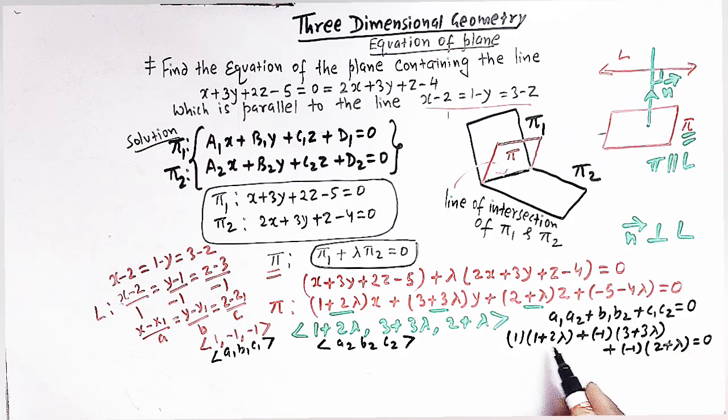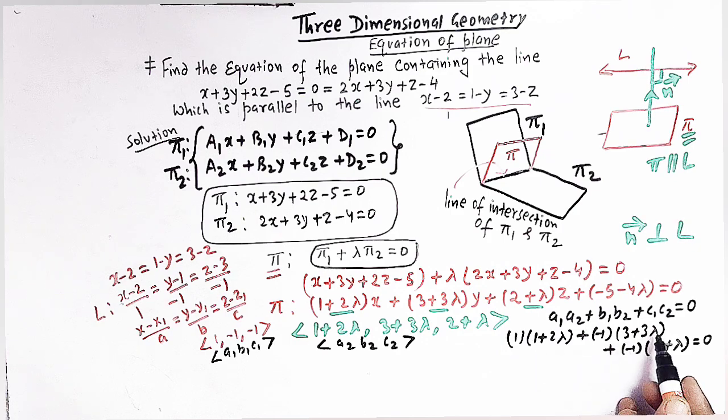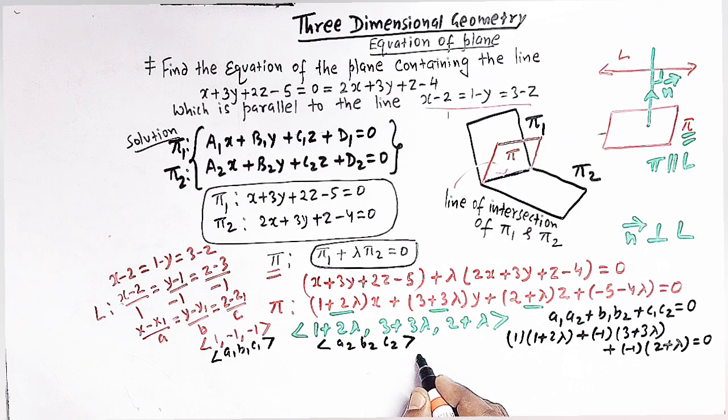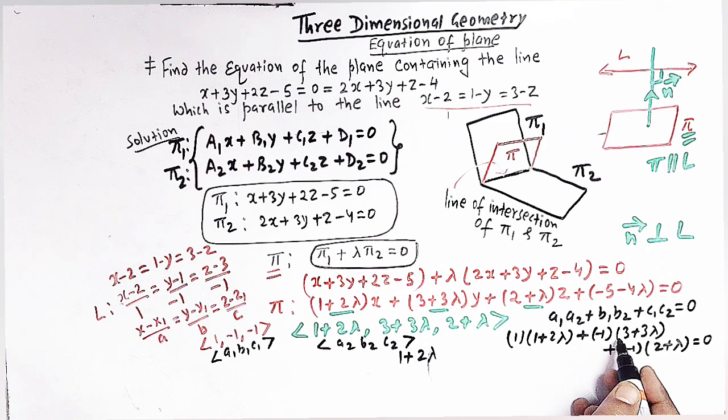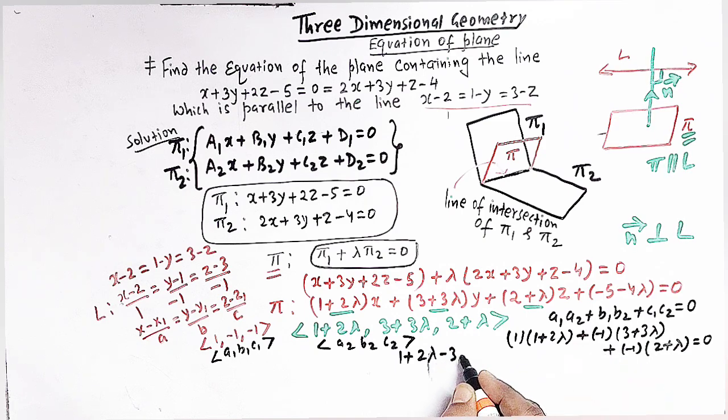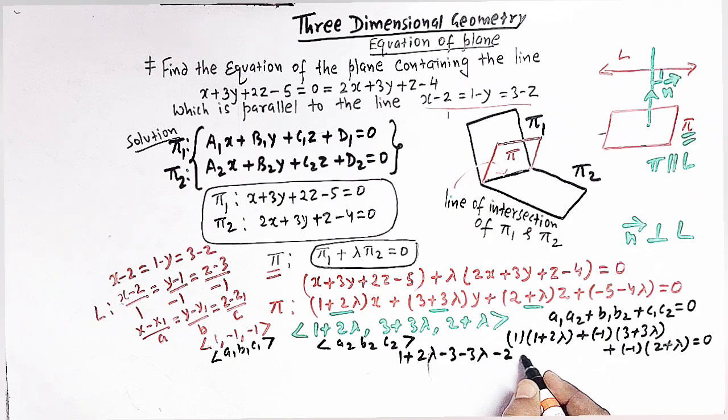So now we have a linear equation in lambda. So let us solve this equation for lambda. So we have 1 plus 2 lambda, then we have minus 3 minus 3 lambda, and here we have minus 2 minus lambda is equal to 0.